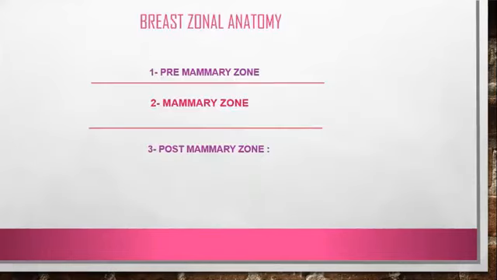So we mentioned, while describing the zonal anatomy, the pre-mammary zone and the mammary zone, representing the glands and the parenchyma, and we have the post or retromammary zone.